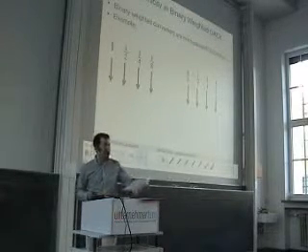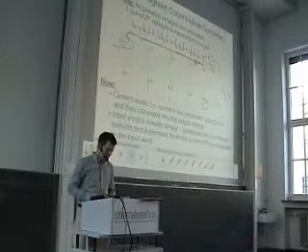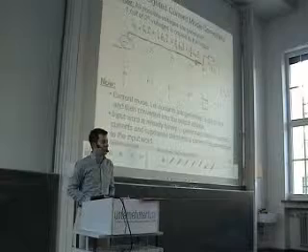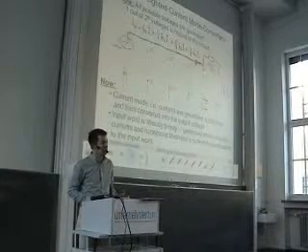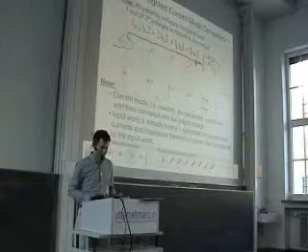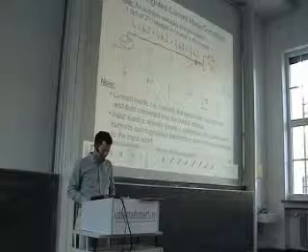Now we have a binary structure. Let me go back again. Here we have 4-bit. We have not implemented 64. Sorry, not 64. Why 64?